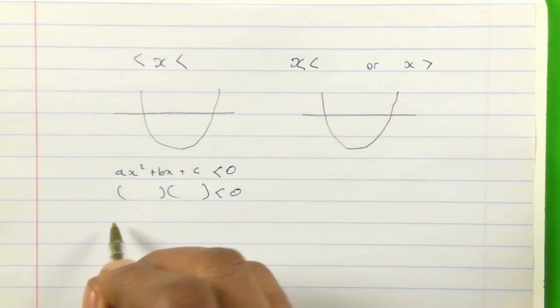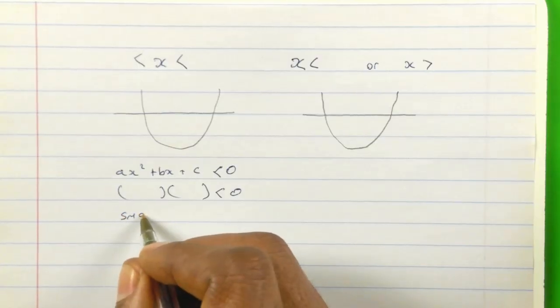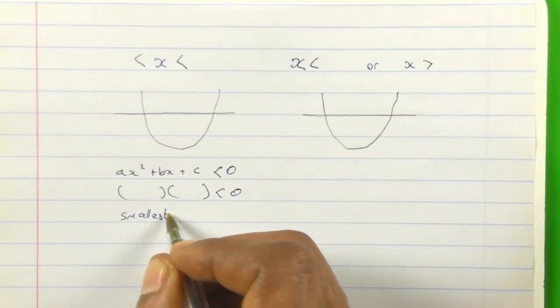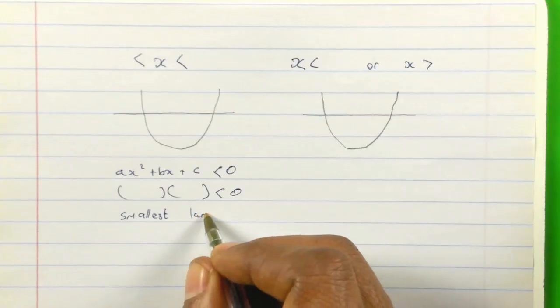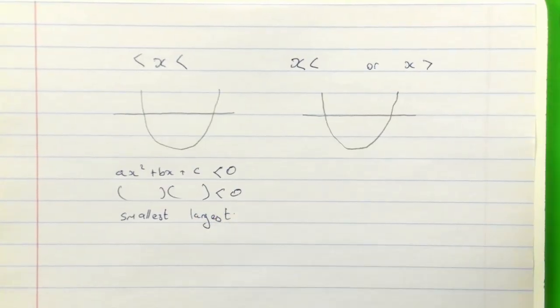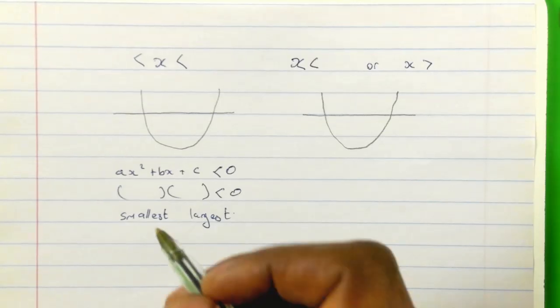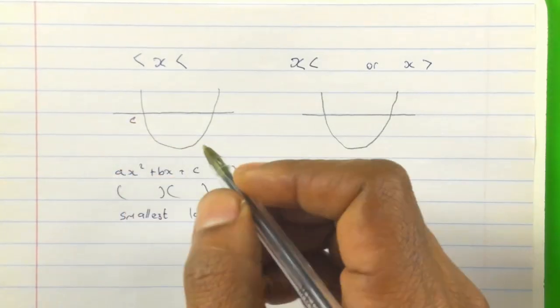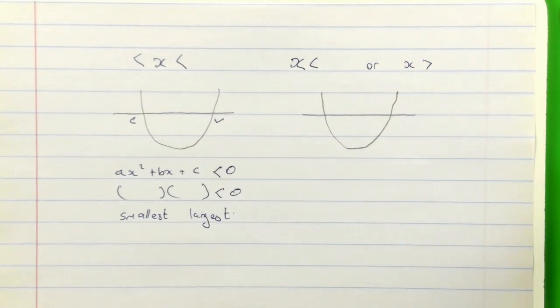The left one would be the smallest, and the largest will be on that side. Let's say this one is C, that one is V.